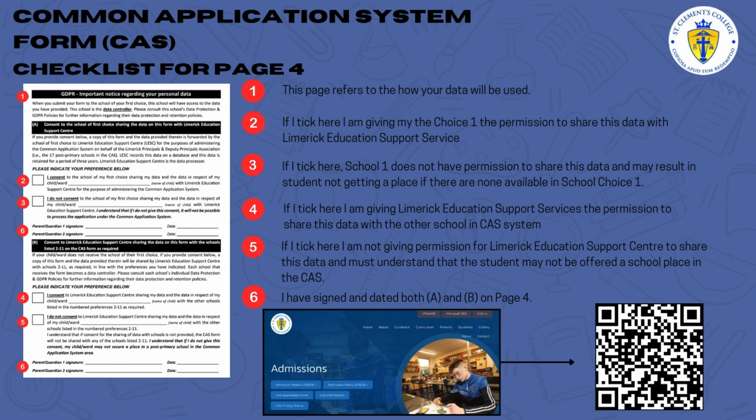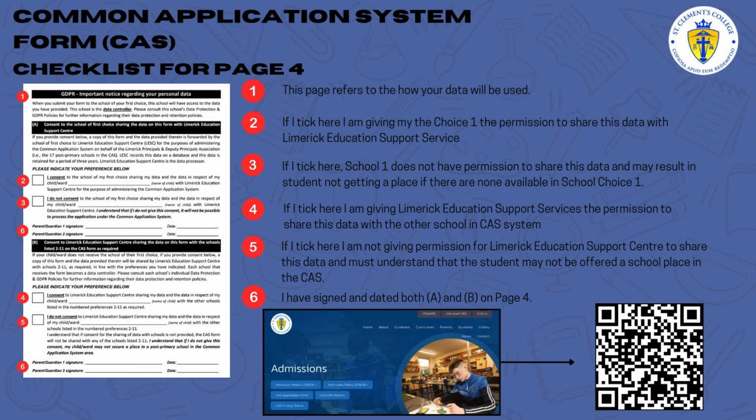If you tick number 3, I do not consent, then the school as data controller does not have the ability to pass the information in the application form to the education centre. If the student does not get a place in his first choice, that means that the application will not be able to be sent to the education centre to be considered for second, third, fourth, and so on.